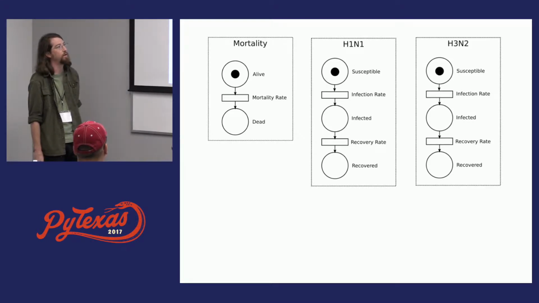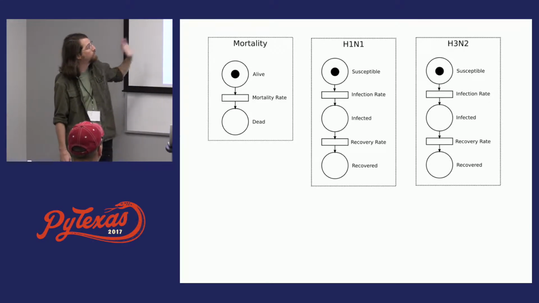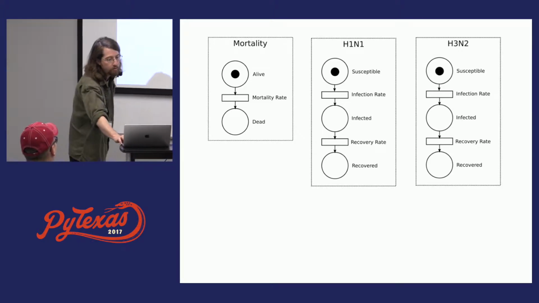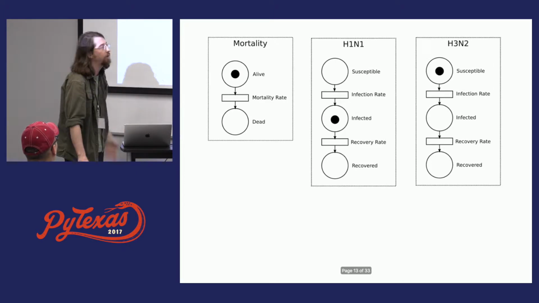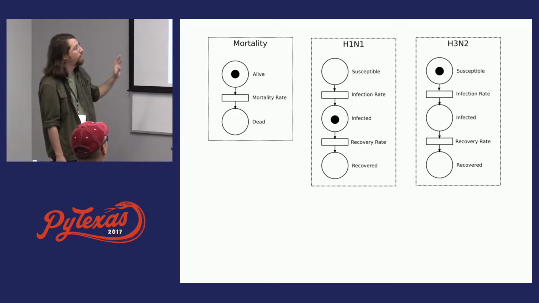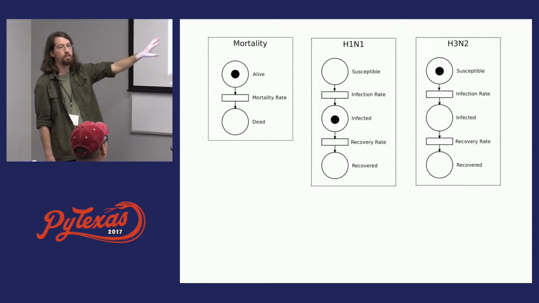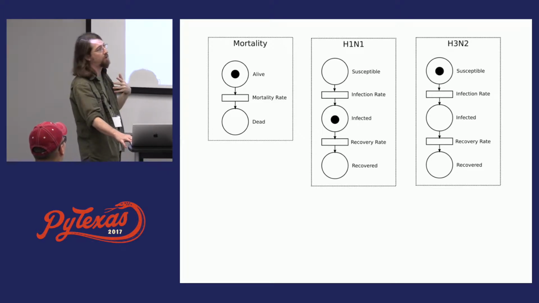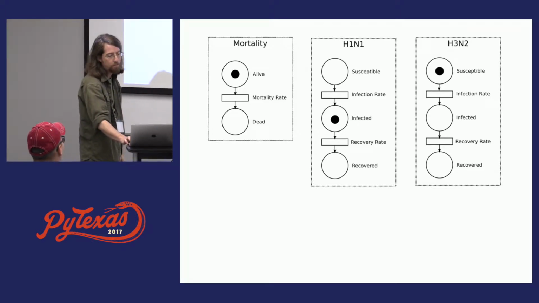Like if you tried to draw this out as the population-level component model, you could. It would be fairly large. But now I'm talking about these things as if they're completely independent models, and that's a pretty good simplification. So I can say, this guy's now sick with one type of flu, but he's not with the other. And as a human, this is still really easy for me to think about, which is nice. And I get that because I get to talk about single individuals rather than trying to model all the possible populations within a given state.